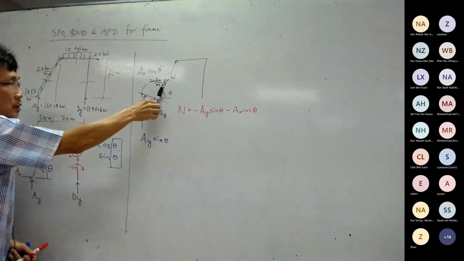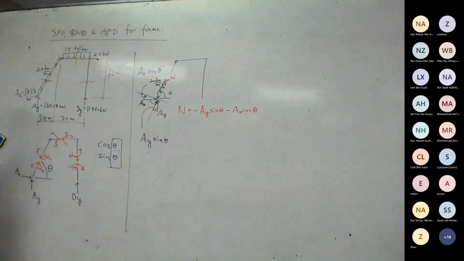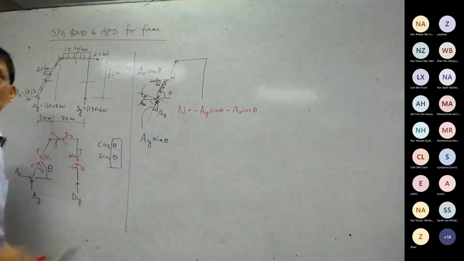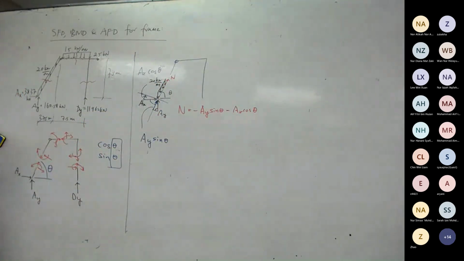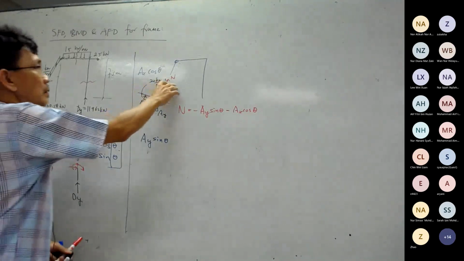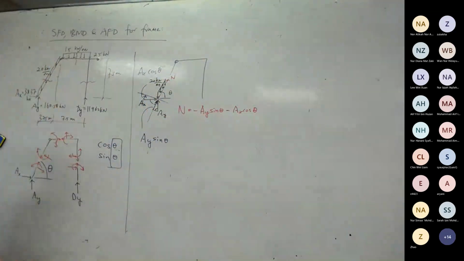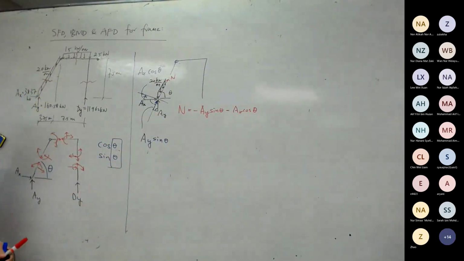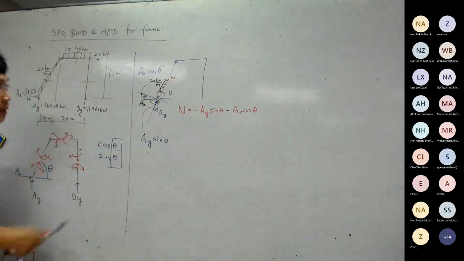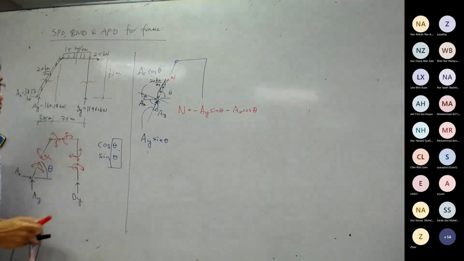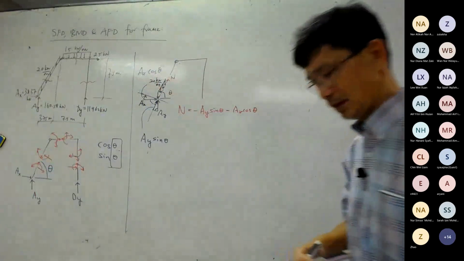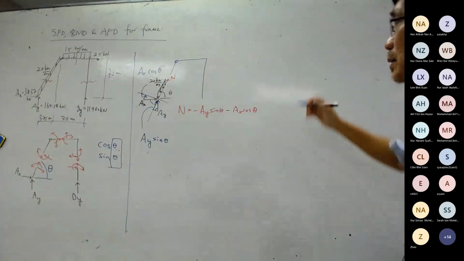We need to find the component of this in that direction. We need to find the component of this in this direction. So I start with this reaction force first. Okay, and how to find this here? So let me draw another figure. Okay.